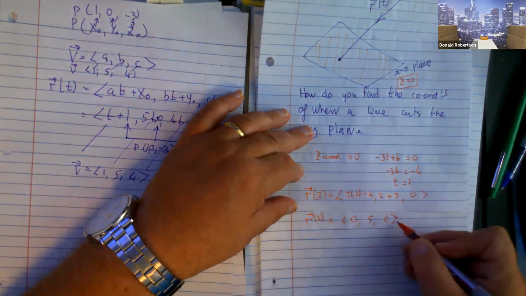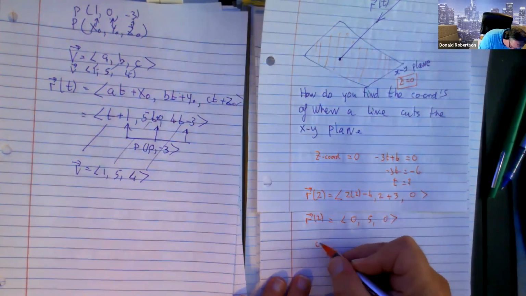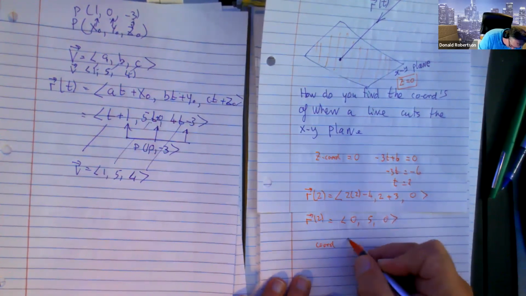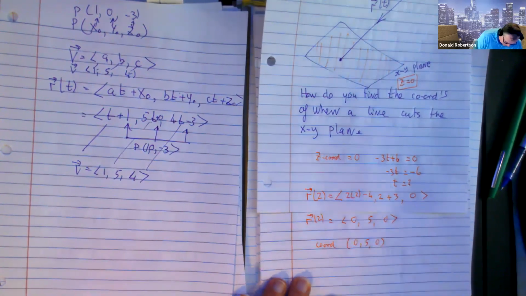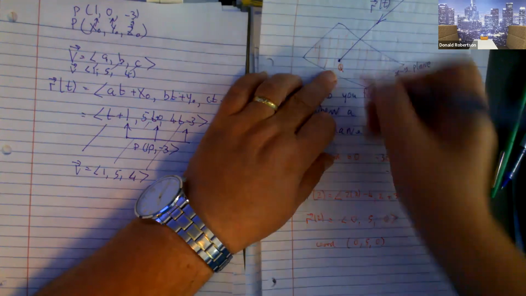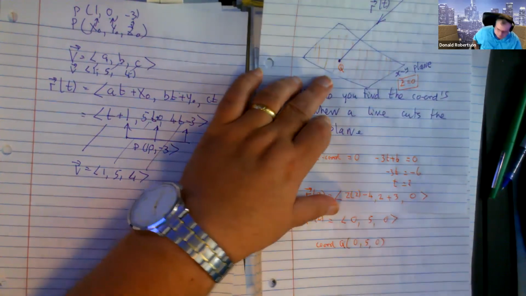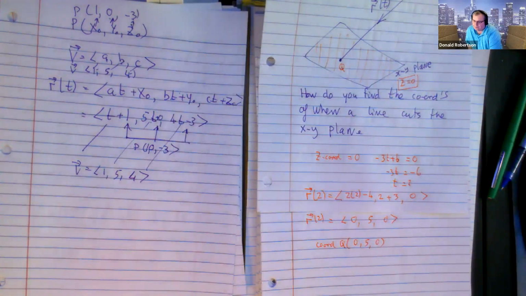We call that a position vector. So the coordinates are simply 0, 5, 0. So if we call that guy Q, there's the coordinates of Q. Are we good?